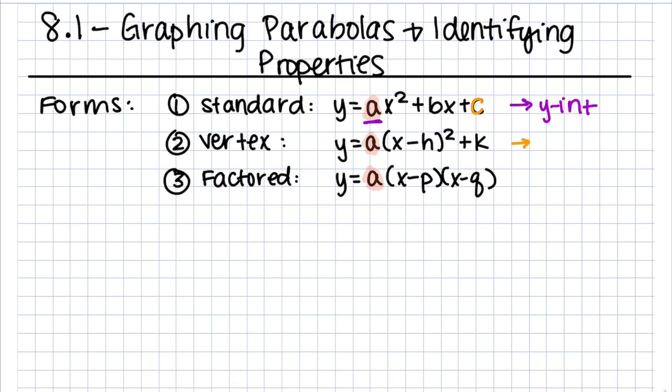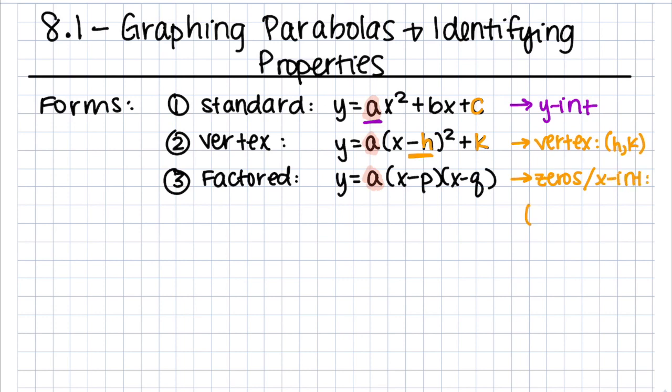Vertex form helps us identify the vertex, and it's going to be the point (h, k). So it's always going to be the opposite of what's inside the parentheses. And factored form helps us identify our zeros, also called our x-intercepts.